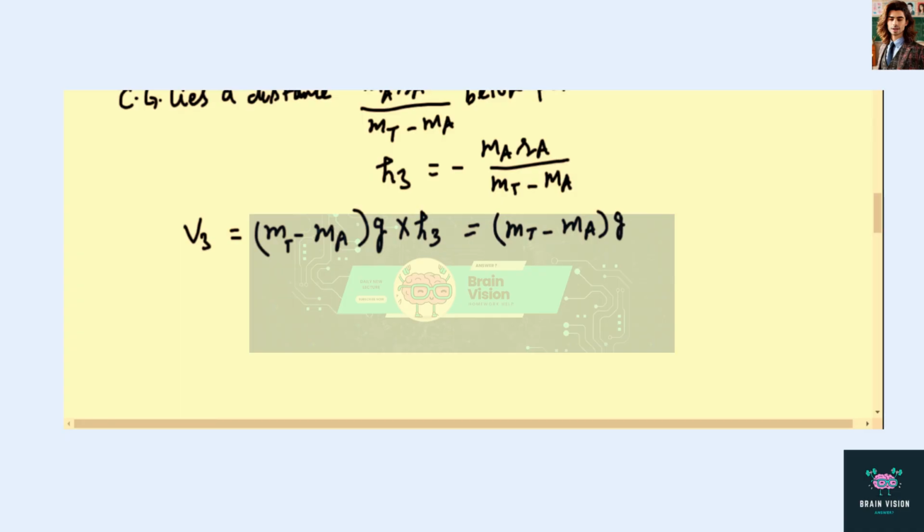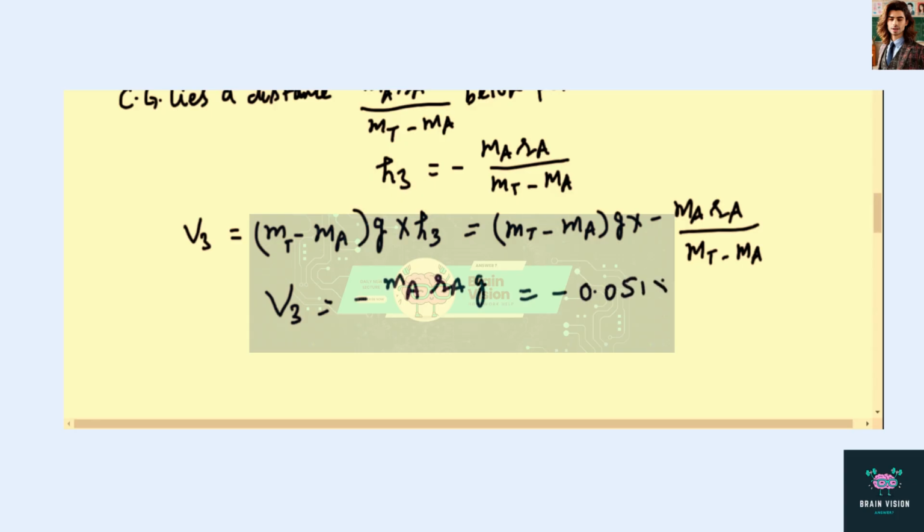On solving it, the potential energy you will get ma Ra into G. Mass of A is 0.051 kg, Ra is 0.3 into 9.81.